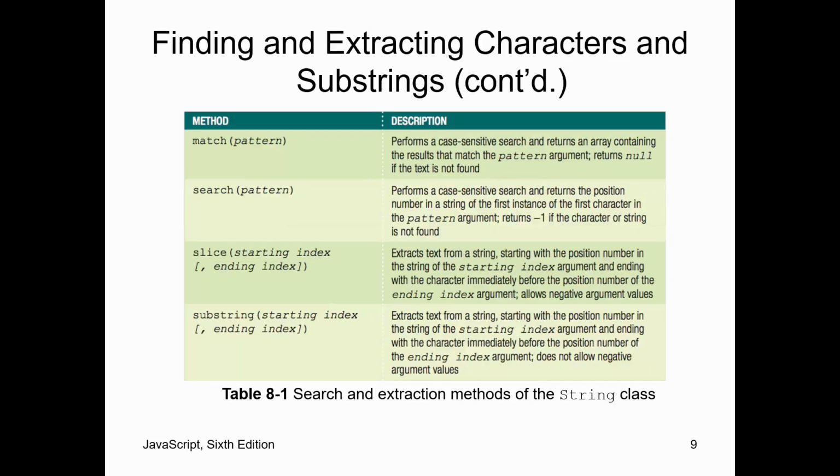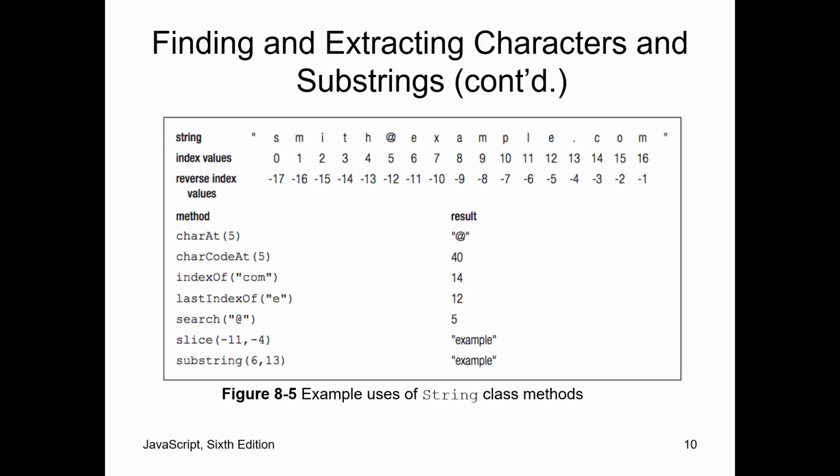Here's more. You see there are a boatload of different methods that you can use to work your way through the string class. And here are some examples of running these things. Notice charAt 5: 0, 1, 2, 3, 4, 5.